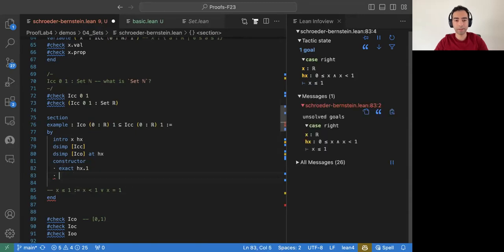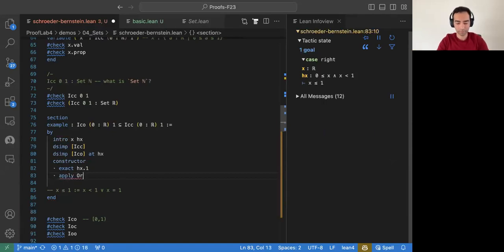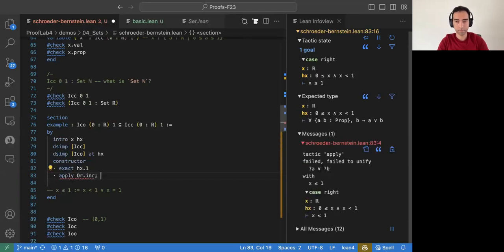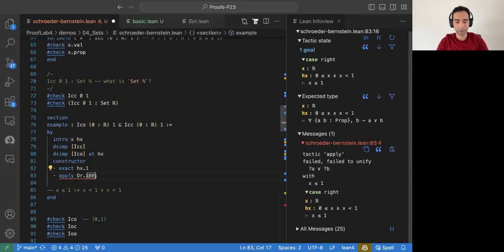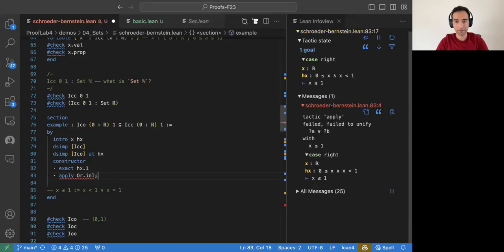So I guess what we need is apply Or.inr. Right? Oh, that didn't work. Or inl, maybe. Okay, that's not a good sign. It should work.